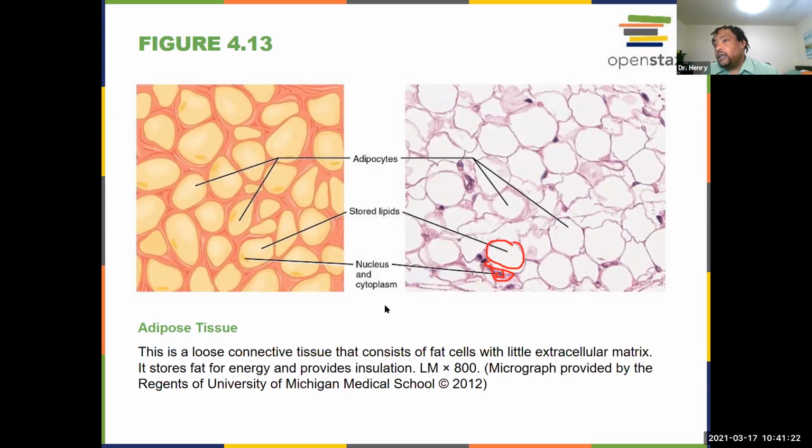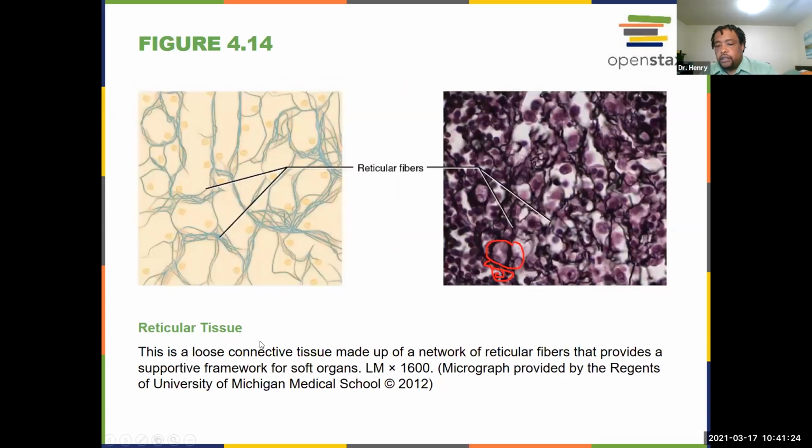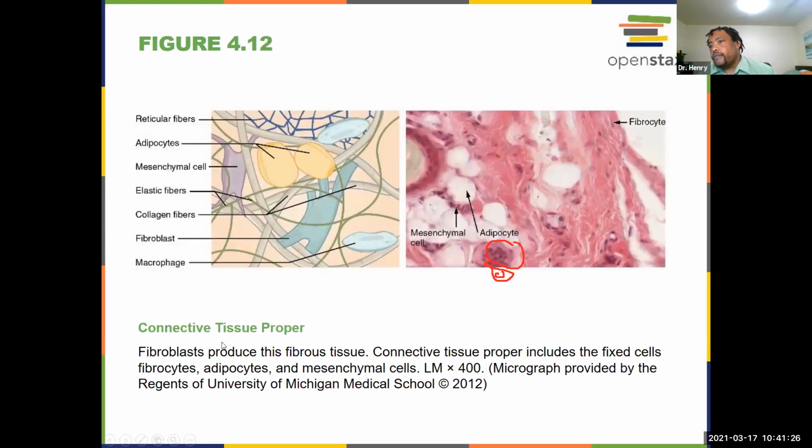Where in the other case, you can see a lot of fibrous components connecting all of the other components, keeping it tethered together. Can you see the distinction between the two?